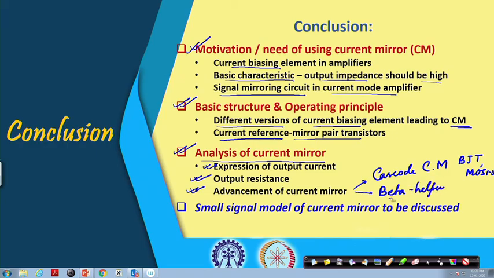The beta helper improves the second non-ideality factor of the BJT current mirror, due to the loss it had in the base bias. So, I think that is all we have discussed. We have yet to discuss one more item, the small signal model of the current mirror, which will be discussed in the next lecture along with other topics. Thank you for listening.